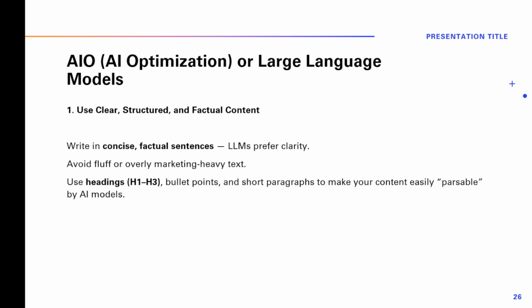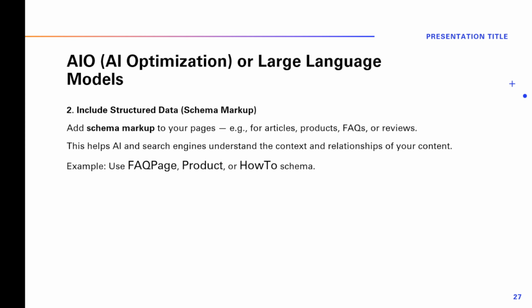Better than ever before, it is now important to create more structured and factual content on your website. You need to use relevant data in the content of your website. It is now more important to use schema markup on your website.